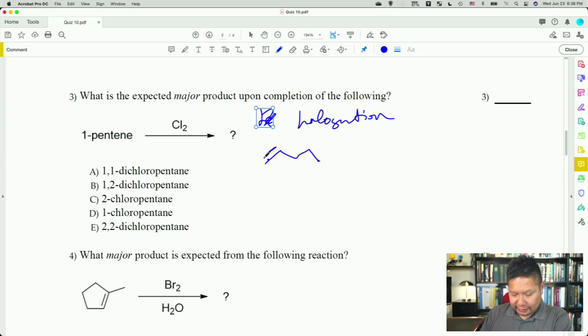Since it's a straight up halogenation across the double bond, we get a chlorine added here and a chlorine added there. So the answer will be 1,2-dichloropentane.